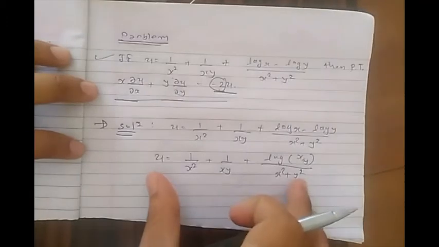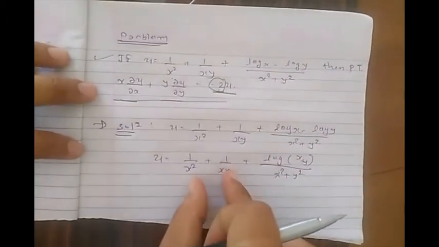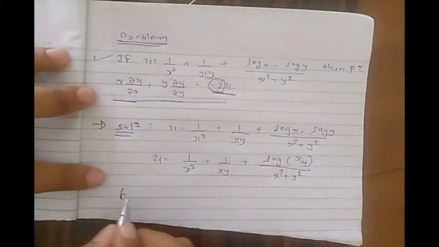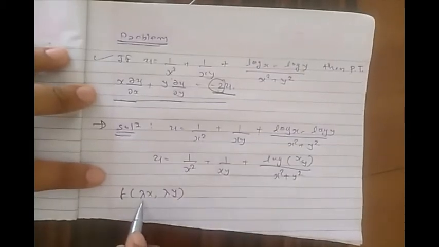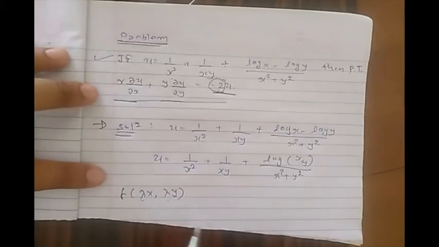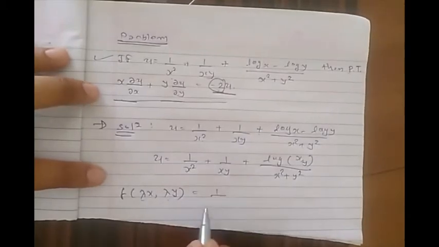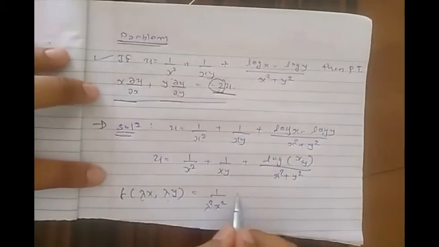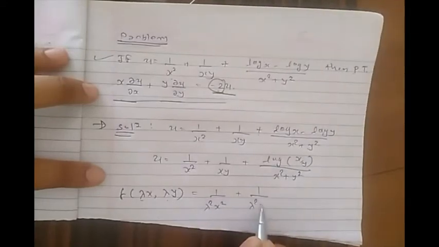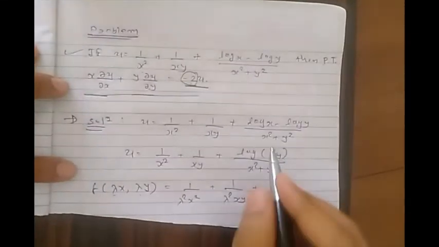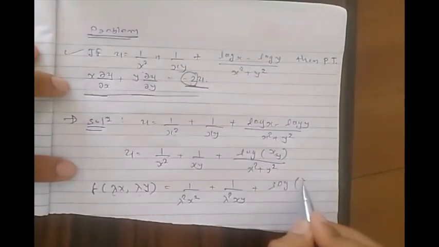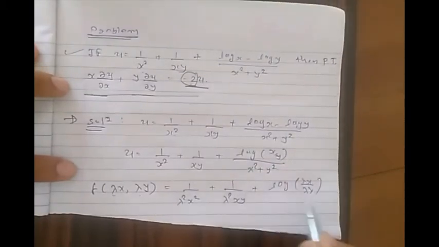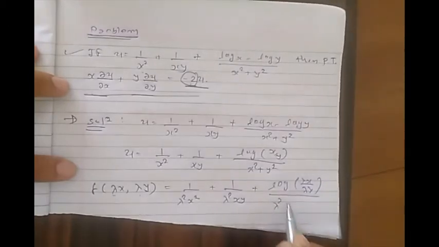Now you have to prove whether this function is homogeneous or not. So you have to take f of lambda x, lambda y; you have to replace x and y by lambda x and lambda y. So you have 1 upon lambda square x square plus 1 upon lambda square xy plus log of lambda x upon lambda y upon lambda square x square plus y square.